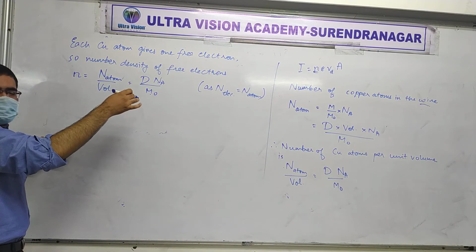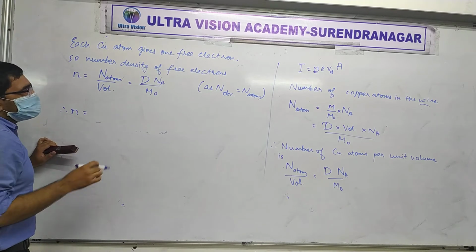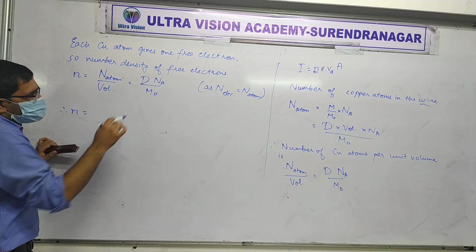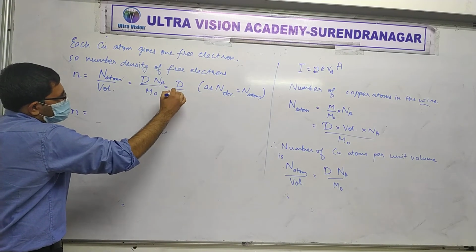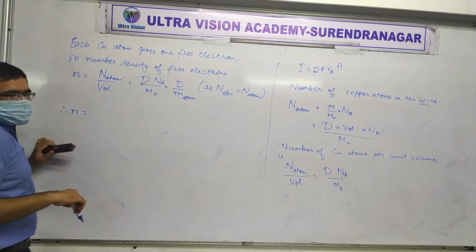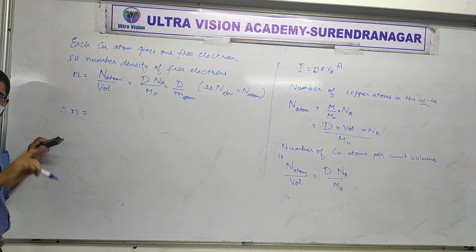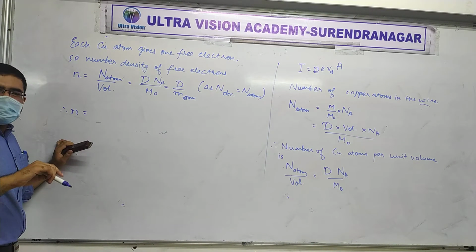Sure? Okay, so therefore small n is equal to, see there are two ways to do it further also. If you divide M0 by Na, an optional step, write it if you want, you get mass of one atom. Do you know that? Mass of how many atoms is called molar mass? Avogadro number.